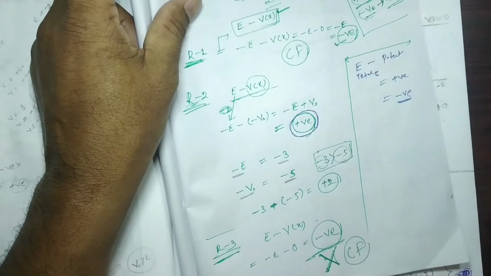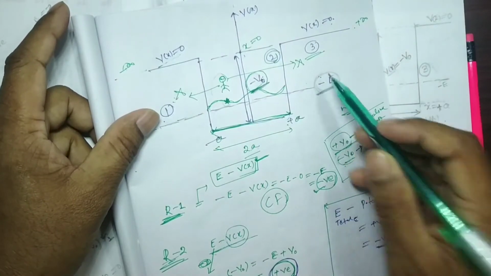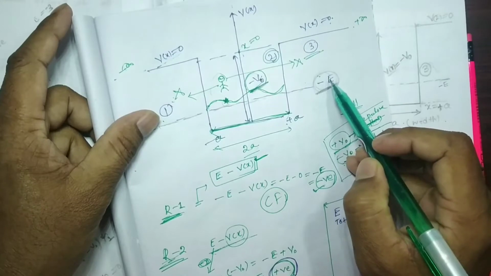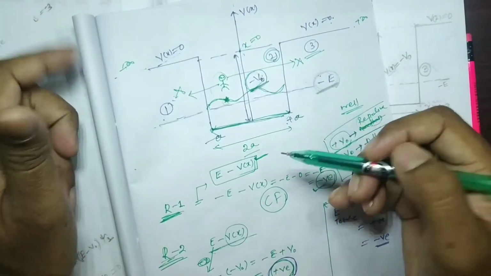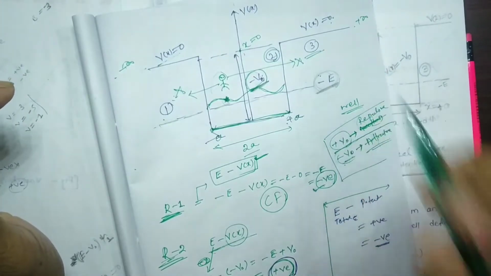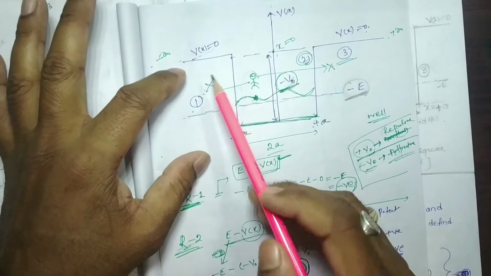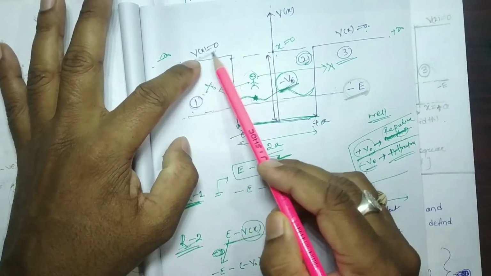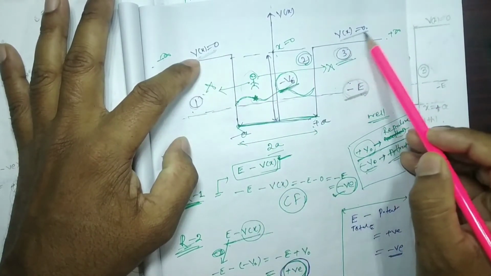But if the total energy of the particle is less than the potential energy, then what will be the scenario? Here you can see that in region 1 the potential is 0. In region 3 the potential is 0.